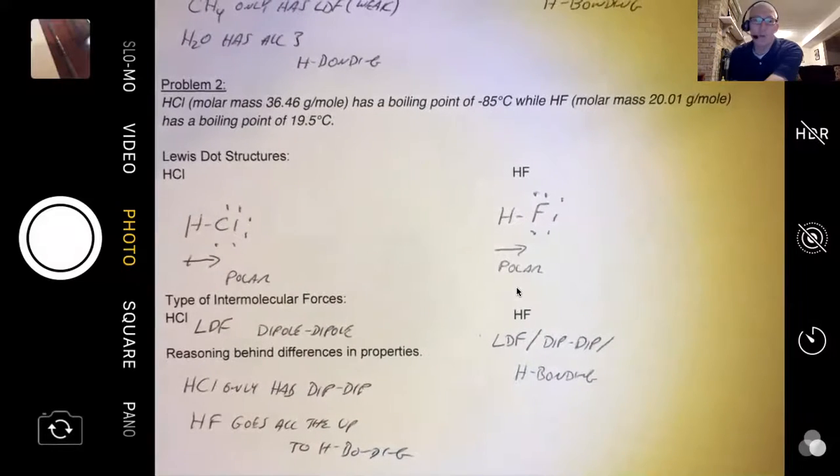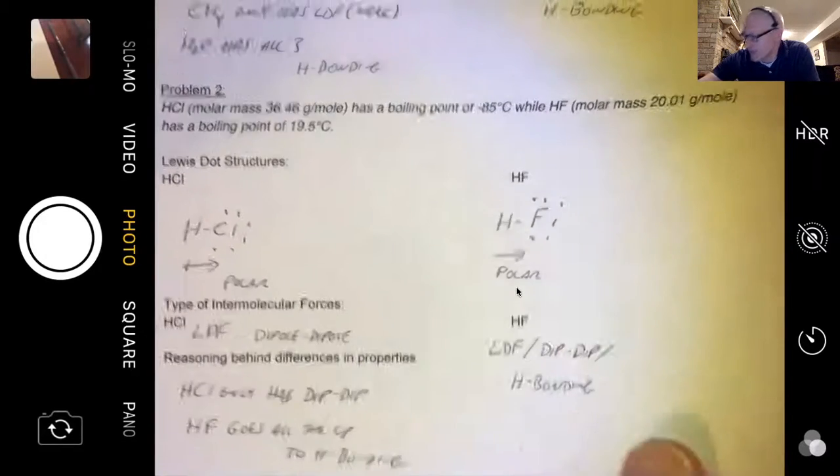So HF is going to hold on to its neighbors much more tightly than HCl holds on to its neighboring HCl molecules because of the presence of all three: London dispersion, dipole, and hydrogen bonding for the HF. Okay, and let's continue.